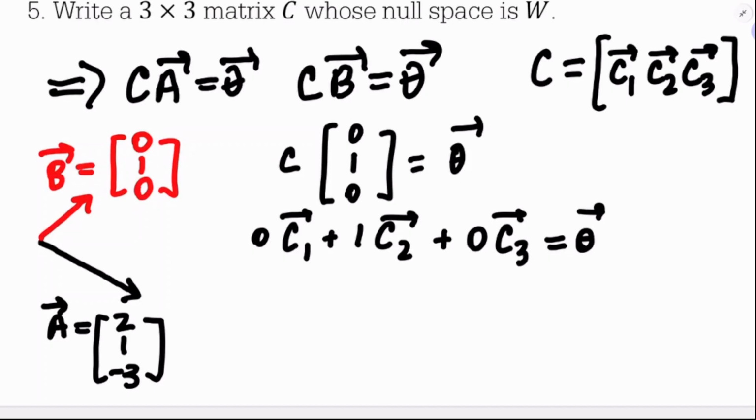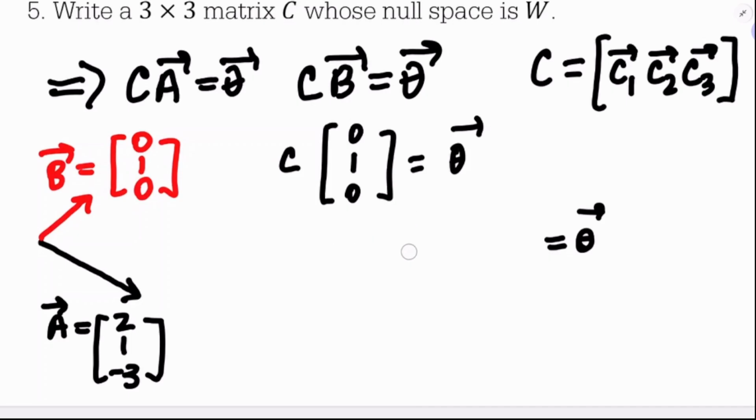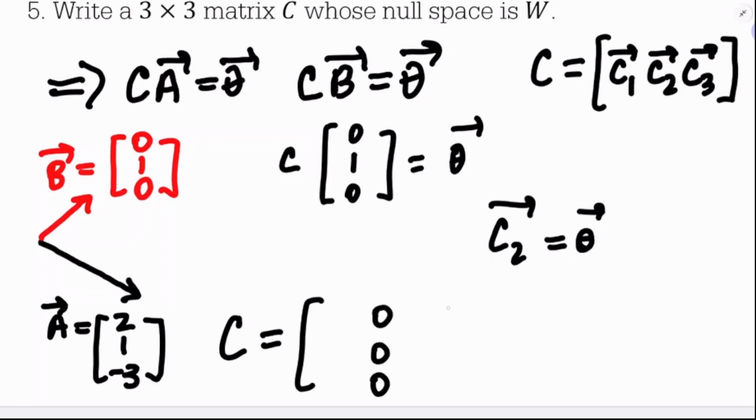Because C times 0, 1, 0 equals the 0 vector. Well, 0 of a column isn't really contributing anything. And then look, C2 needs to be the 0 vector. That's going to be useful to me. Means I'm part of the way there. Column 2 is the 0 vector.